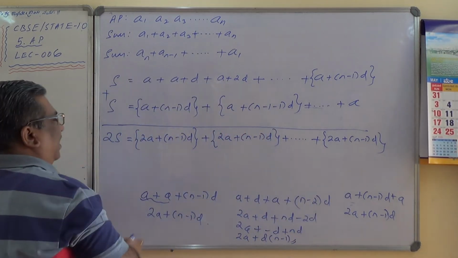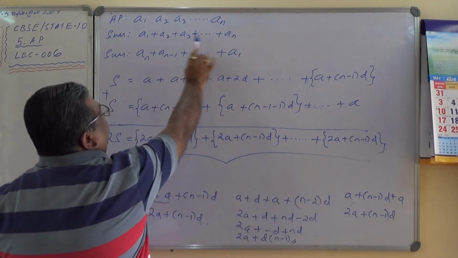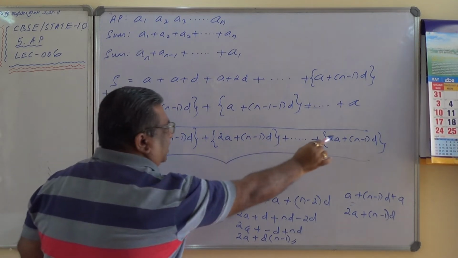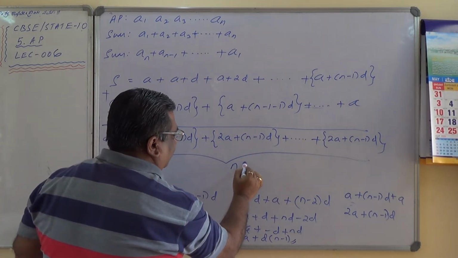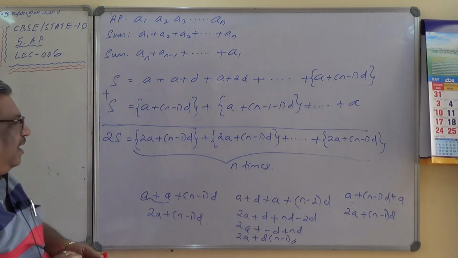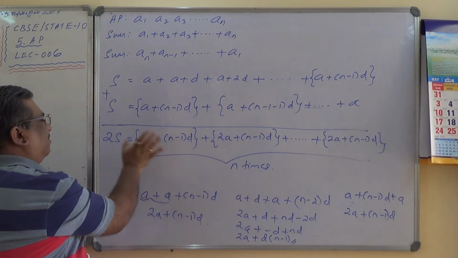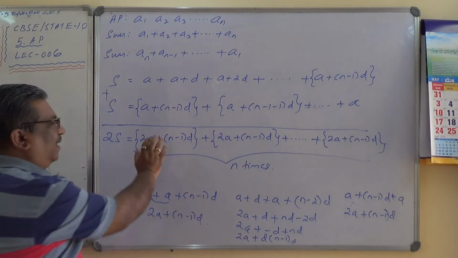You tell me how many times these terms are there. As there are n terms, the number of such terms present here is n.